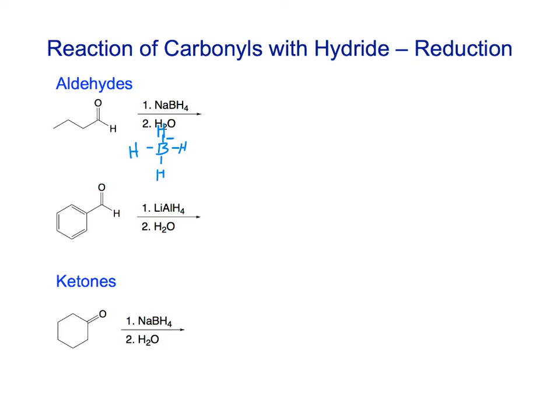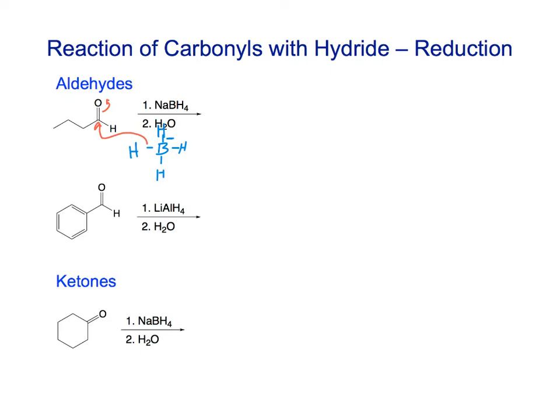The first thing that happens here is hydride acts as a nucleophile. Hydride has a minus charge, gets drawn to the delta plus end of the carbonyl. Just like we saw in the generic reactions, though, because that carbonyl carbon can't hold any more electrons, it has to give up some electrons, and it gives them up to the oxygen.